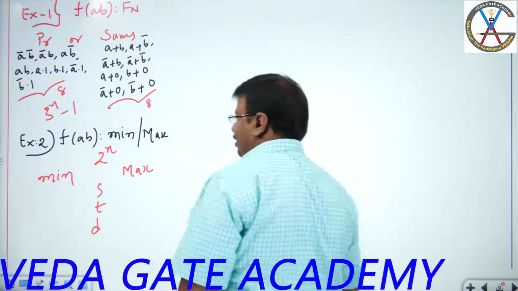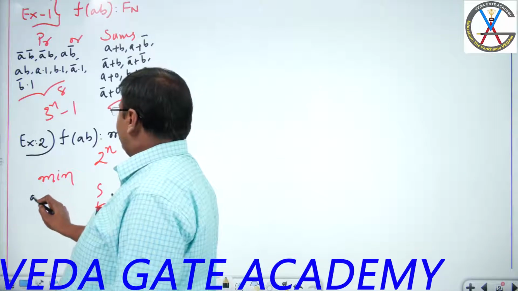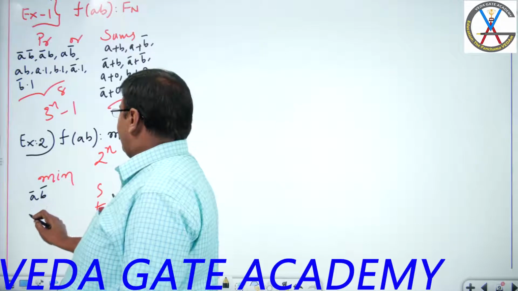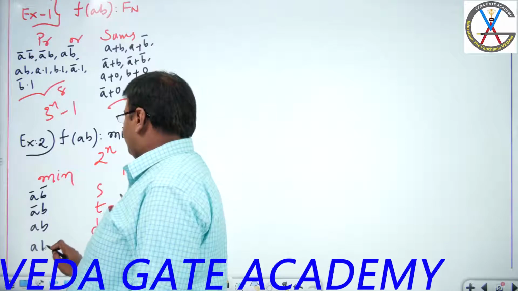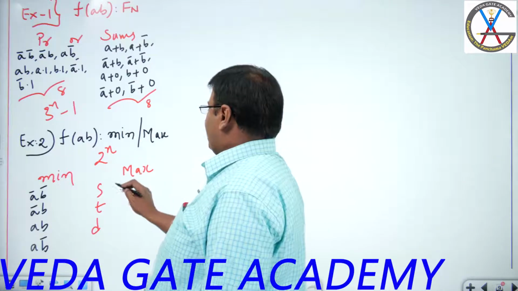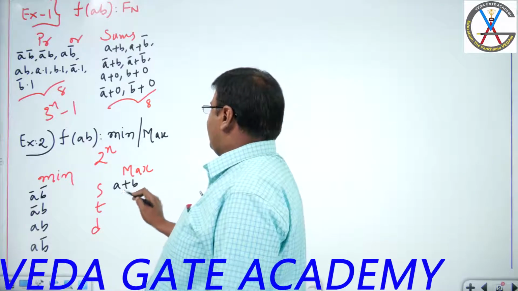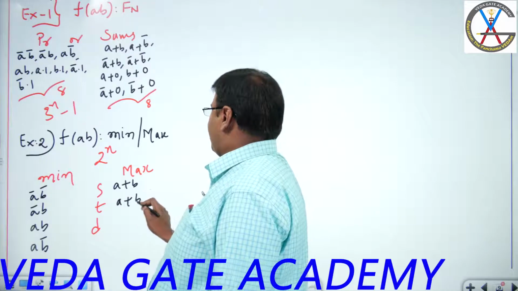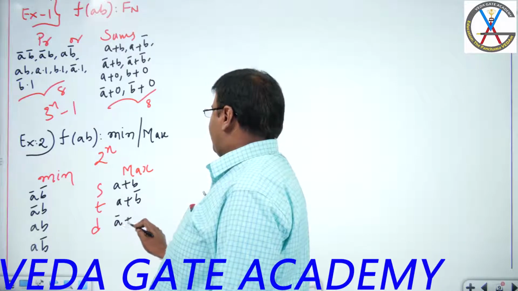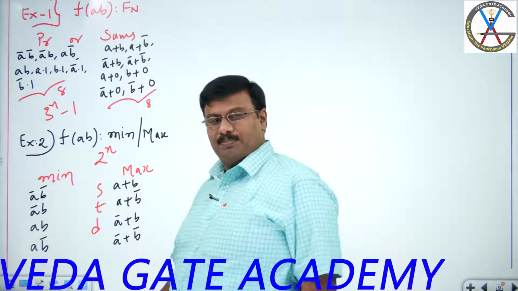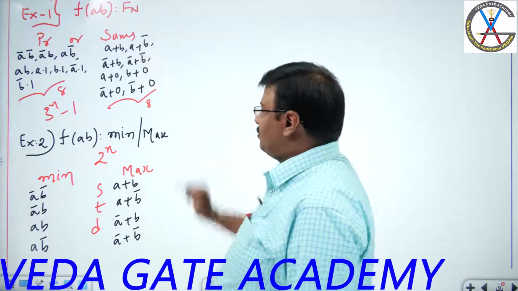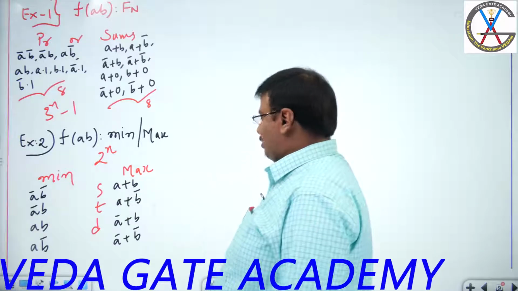The standard min terms here are A bar B bar, A bar B, A B bar, A B. The max terms are A plus B, A plus B bar, A bar plus B, A bar plus B bar. So example 1 is products or sums, and example 2 is min or max terms.